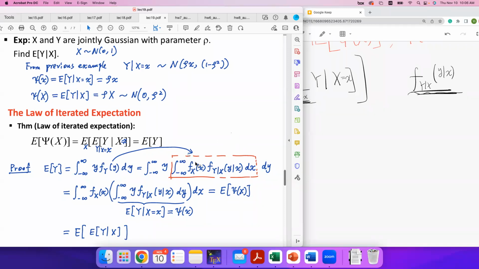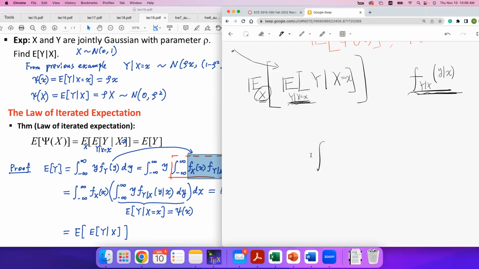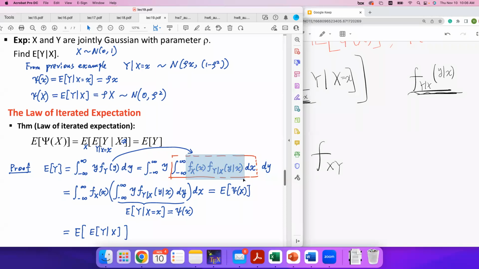Because here is basically the joint distribution, right? This part is basically f_xy. Joint distribution marginalized over x, we get f_y, right? So this is indeed f_y.